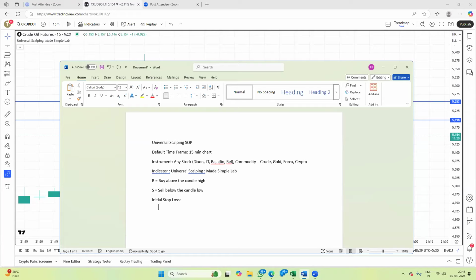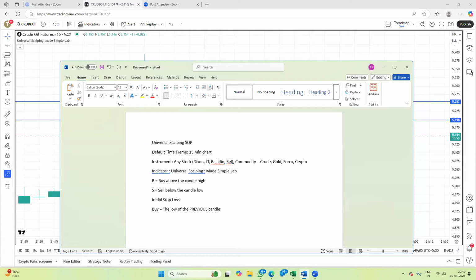In case of buy, it will be the low of the previous candle.